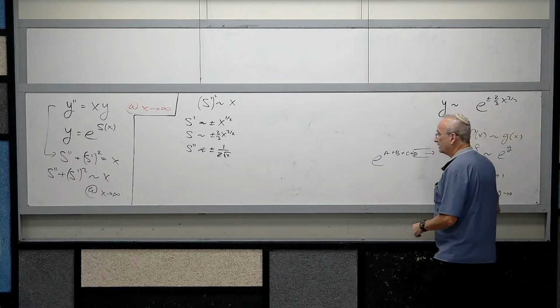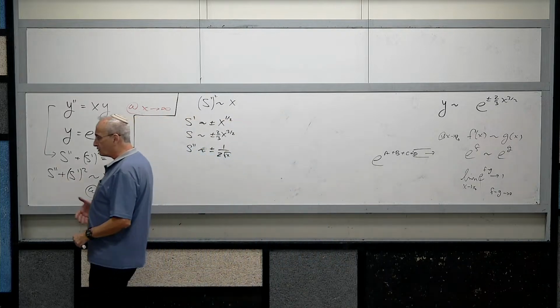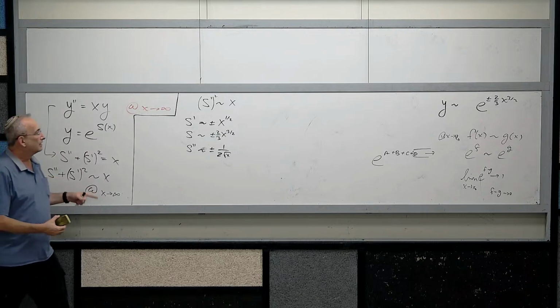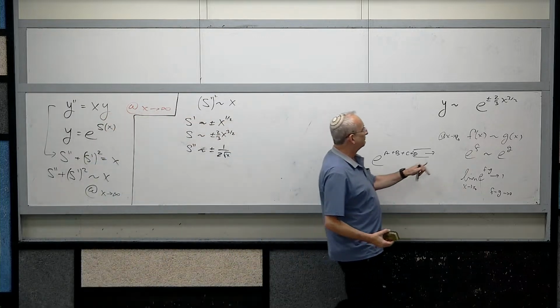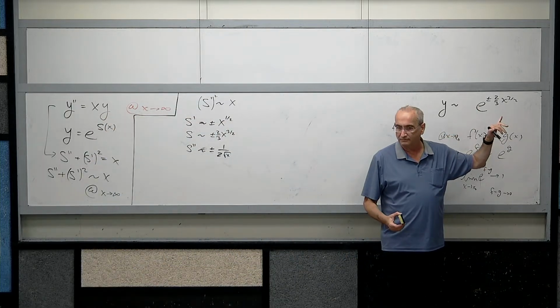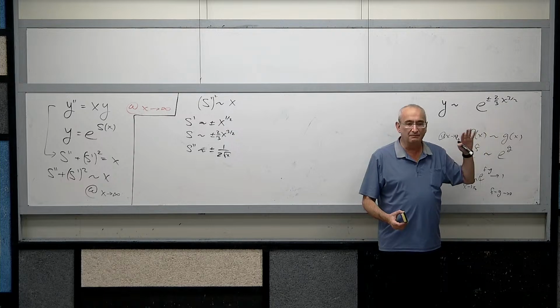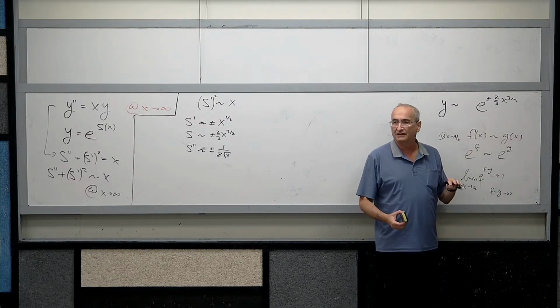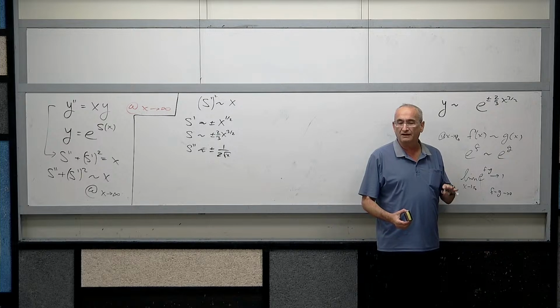Good. So, we have to calculate the next term and to see what the next term is doing when x goes to infinity. By the way, the technical name of this first term is a controlling factor. And by calculating the controlling factor, we did a very important step.